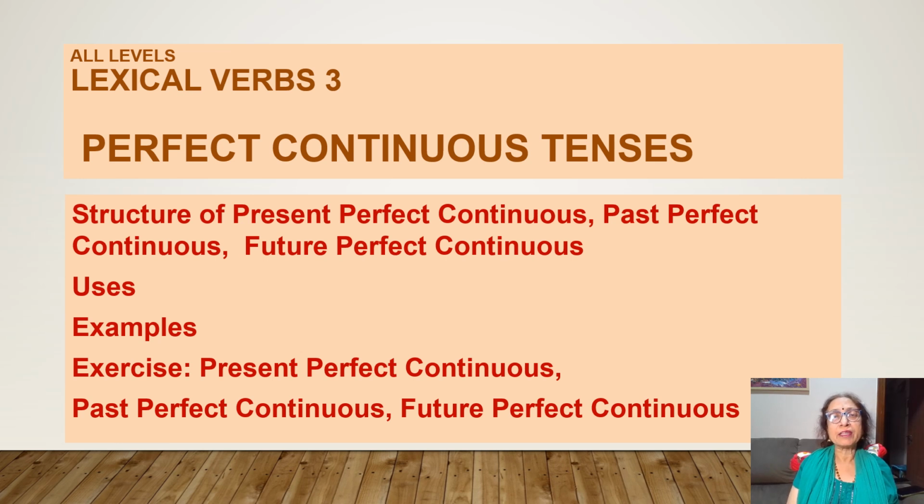Each of them have a different use. We shall see these. All of them have examples. So we shall talk about first, after the structures, some examples, then after the uses, some more examples. Then we have an exercise to check whether you have learnt this perfect continuous tense and you know how to use them.